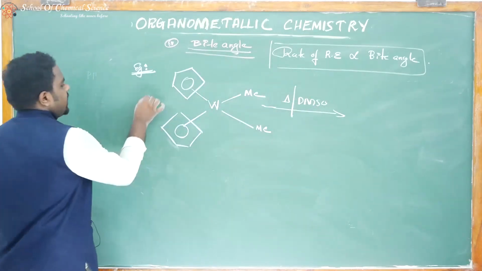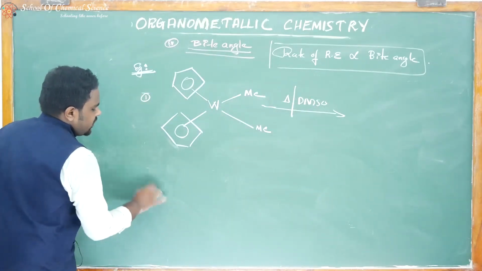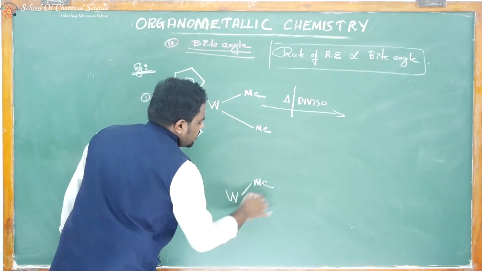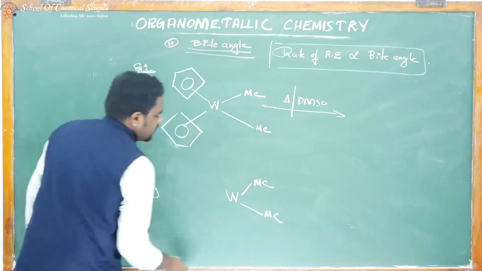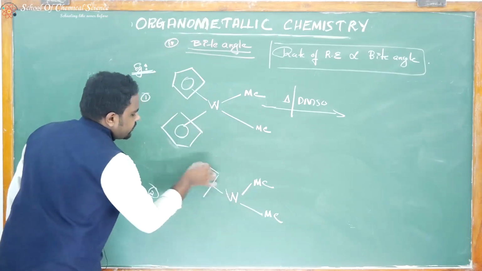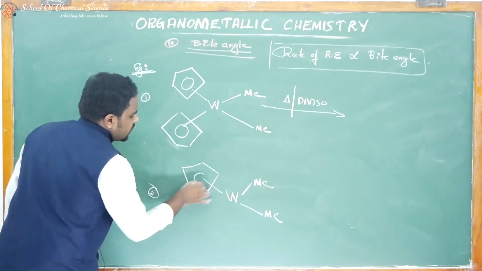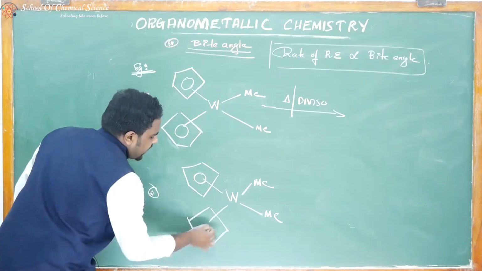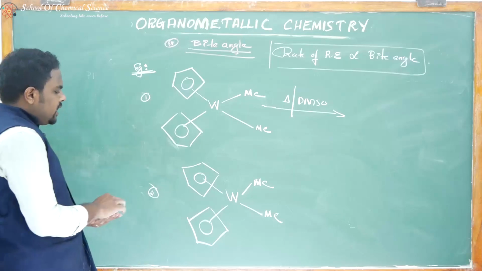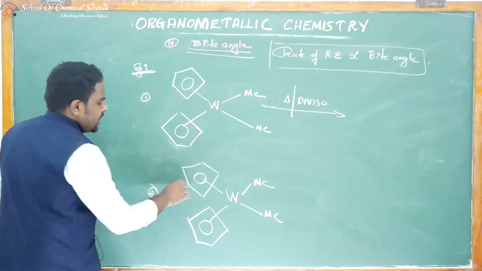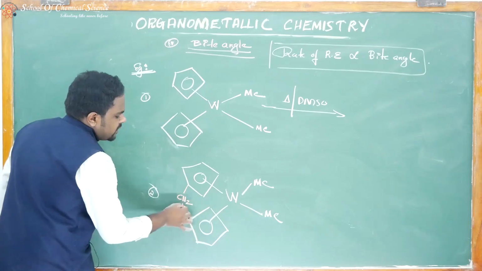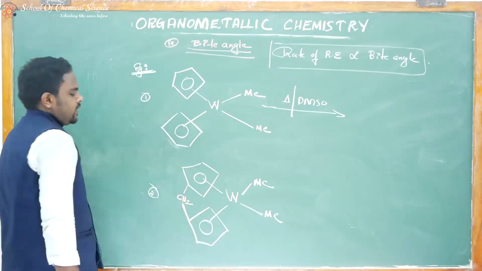This is the first question. Second one: tungsten, here a methyl group, Cp, here also another Cp. Okay, these two Cps are connected by a CH2 bridge. So these two Cps are connected.